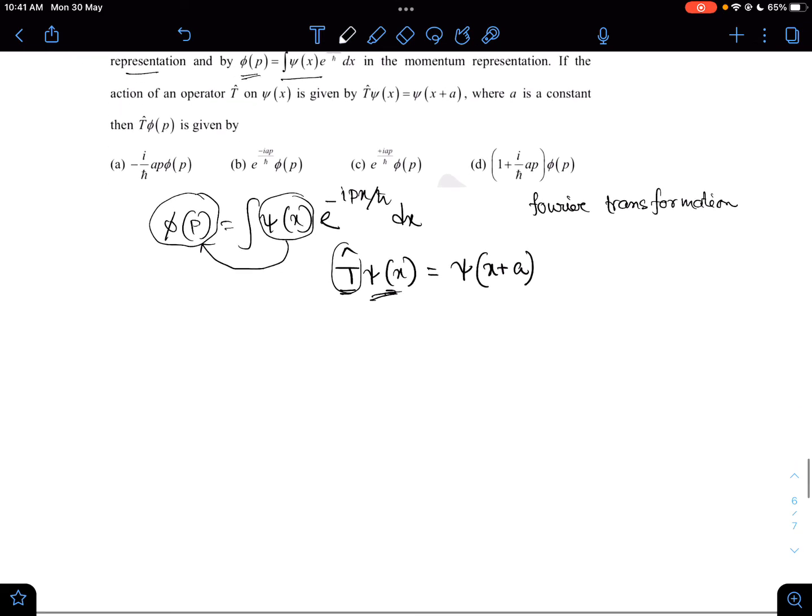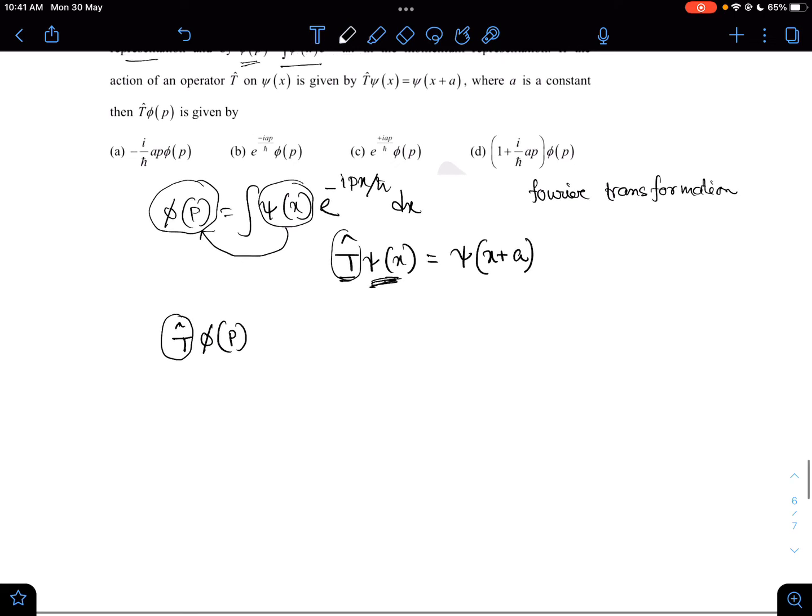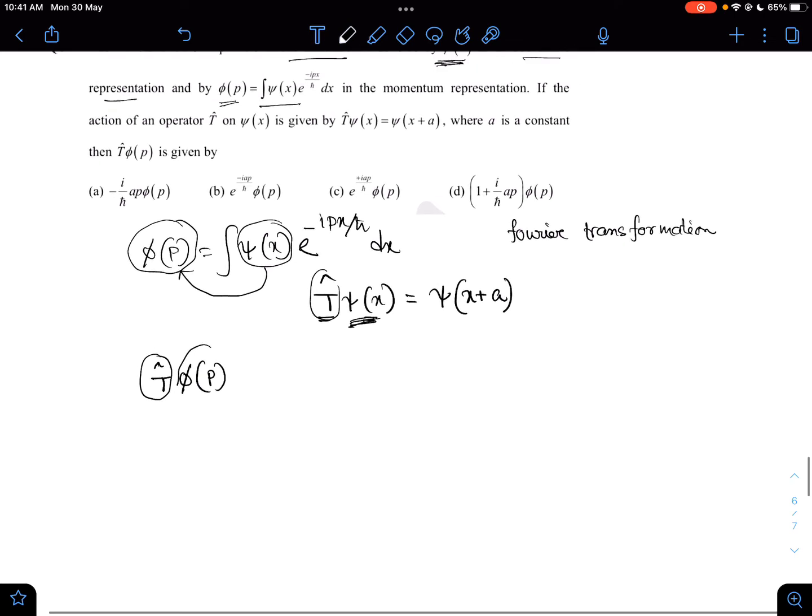Now we have to calculate what is the action of this operator on psi p. So how will we proceed? We will proceed with the action of this operator on psi x, and we know a way to convert this momentum representation into position representation. So we will proceed that way.